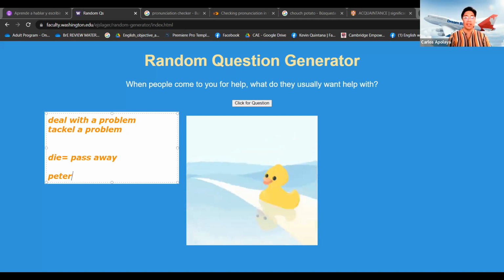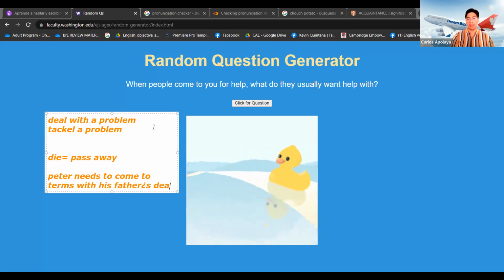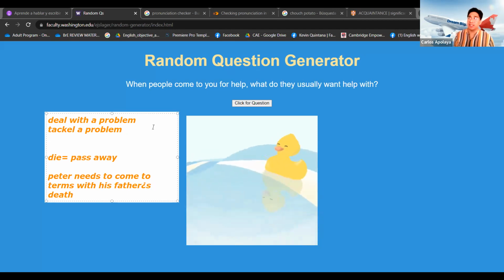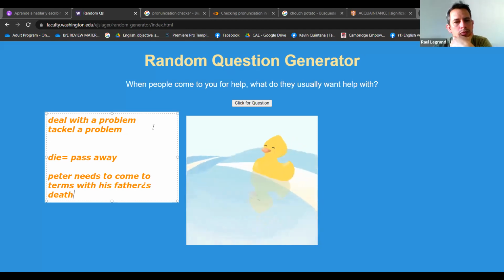So Peter needs to come to terms with his father's death. Holy cow. Come to terms with. In Spanish, aprender a vivir con eso. Pero tiene que lidiar con eso. Needs to come to terms.